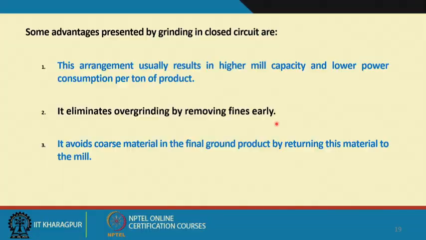It also eliminates overgrinding by removing fines early. It avoids coarse material in the final ground product by returning this material to the mill. So, in essence, you are controlling the product quality also.